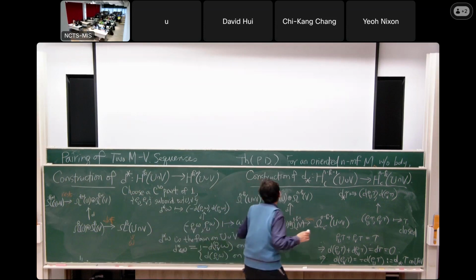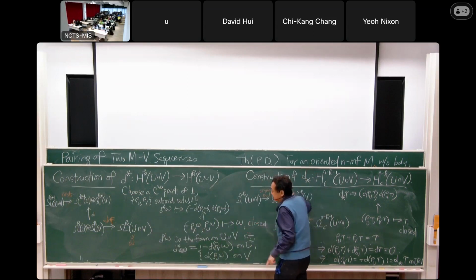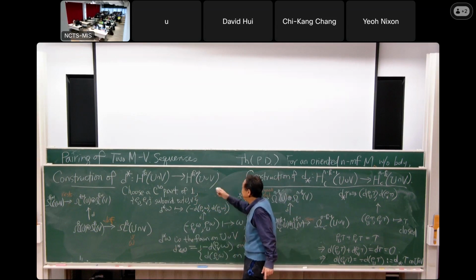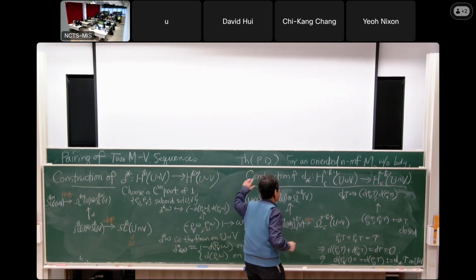So, we need this proposition that d upper star, although defined on the union, has support in the intersection.